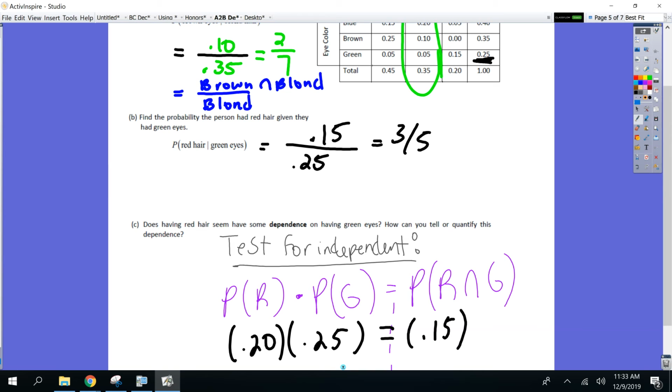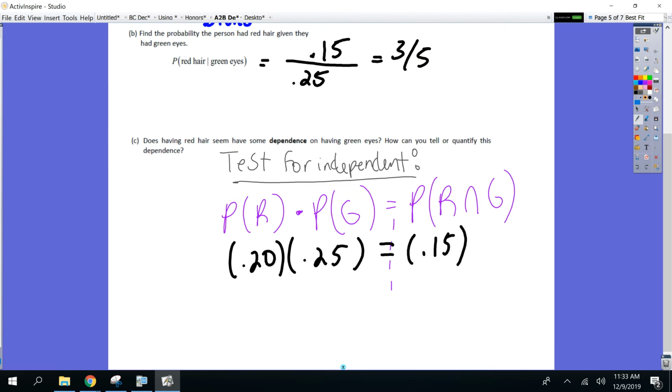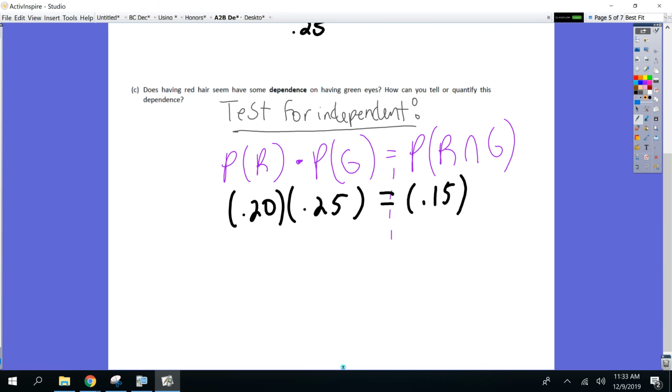So you guys got to do that calculation. Does 0.2 times 0.25 equal 0.15? What do you get? What's 0.2 times 0.25?